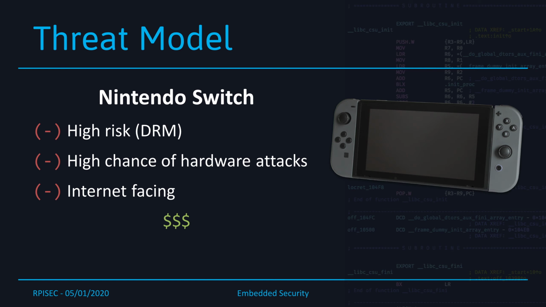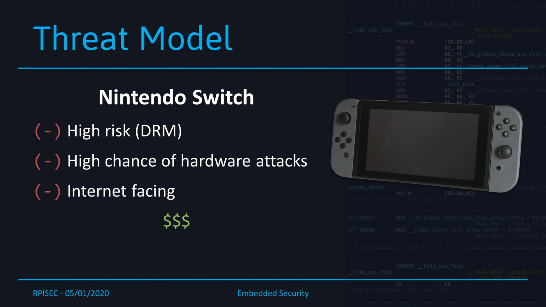The Switch is, as a game console, a very high-risk system in terms of financial impact. The manufacturer, in this case Nintendo/NVIDIA, is highly incentivized to prevent any unauthorized code from executing on the machine and to impose DRM to the best of their ability, because they are very concerned about piracy, of course, and a couple other things like quality control, but mostly piracy.